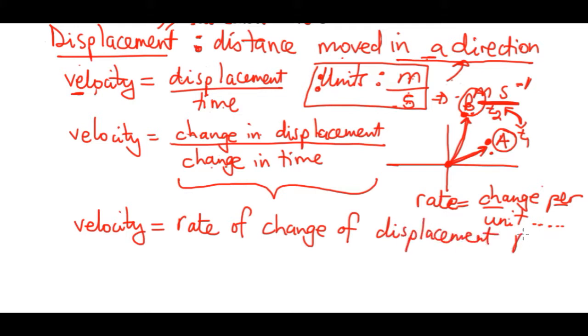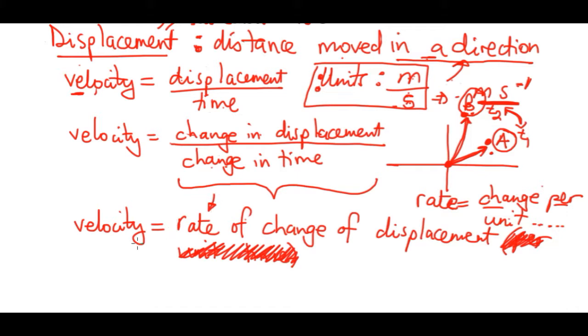You can add per unit time if you want, but actually this per unit time is a repetition, because rate itself basically means per unit something. So this part might not be necessary. When you say rate, it automatically means this change in displacement is happening per unit of something.